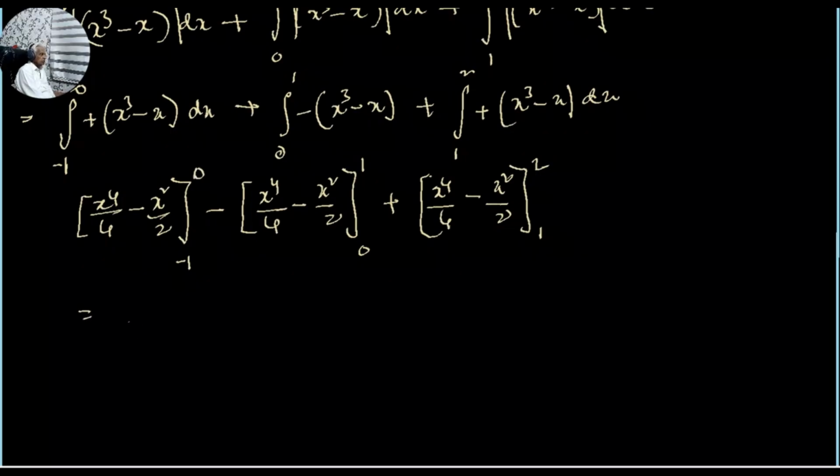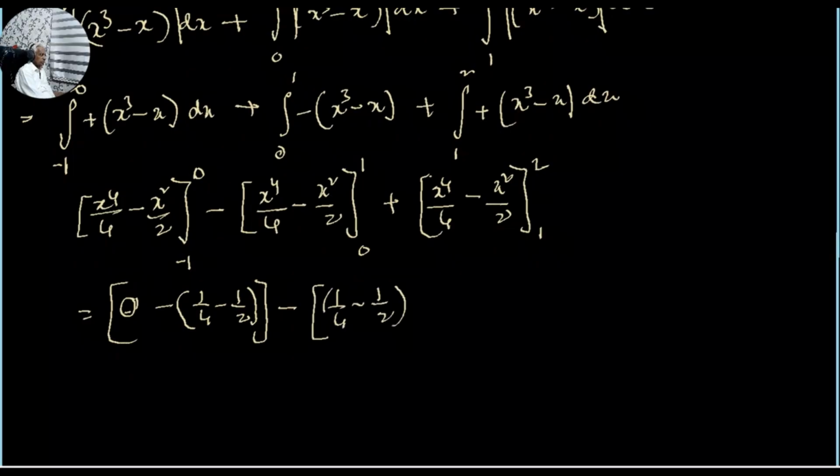Now we have to apply limits. This becomes 1 by 4, upper limit is 0, 0 minus 1 by 4 minus 1 by 2. This is the first one. Minus 1 by 4 minus 1 by 2 minus 0. This is the second one.